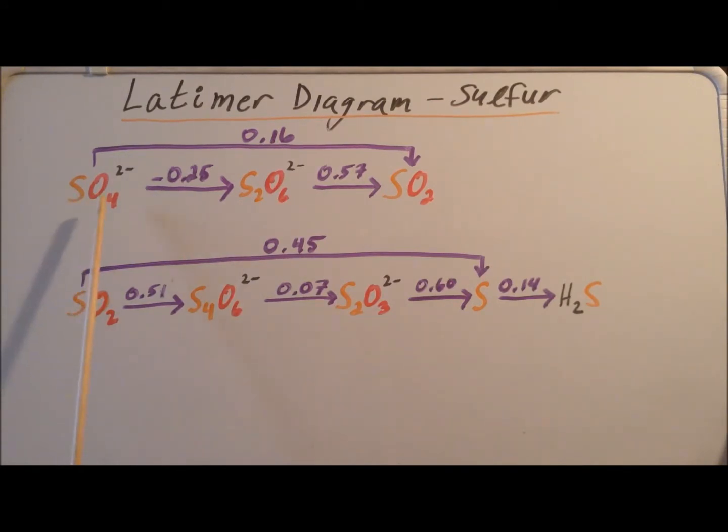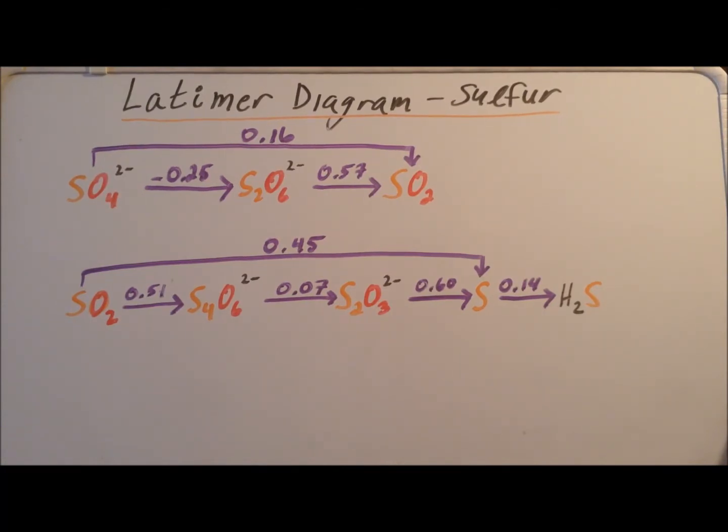So here we have sulfate being reduced to dithionate ion, and the cell potential for this standard reduction potential is minus 0.25 volts. So all our values here are in terms of volts.